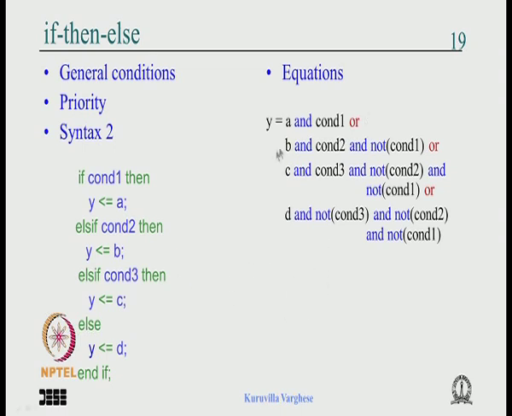And you can see that the equation goes like this: y gets a and condition 1, or b and not of condition 1 and condition 2, or c and condition 3, not of condition 2, not of condition 1. So exactly like when else it builds up as I go down, until you come to the last one, which is d and not of condition 3, not of condition 2 and not of condition 1.